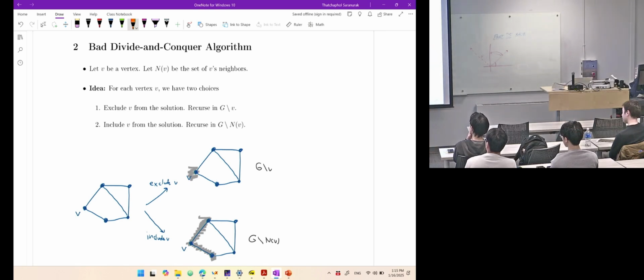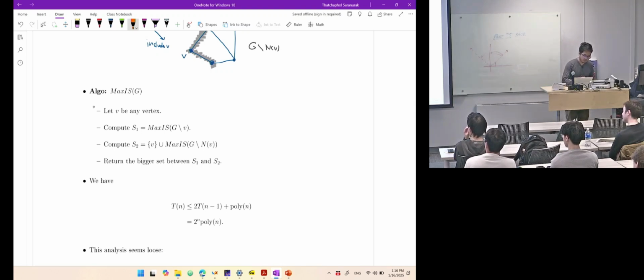If v is in the solution, when we want to recurse, we don't just need to remove v. We can also remove the neighbors of v. Why is that? Well, because if they were in the set, then it wouldn't be an independent set. If v is in the independent set, then you know for sure that the neighbors of v will not be in your solution anyway. So you can just exclude all of the neighbors of v. Okay? So that's the idea.